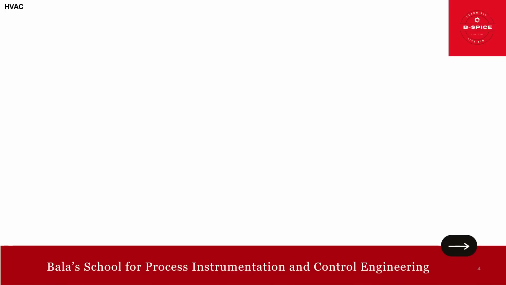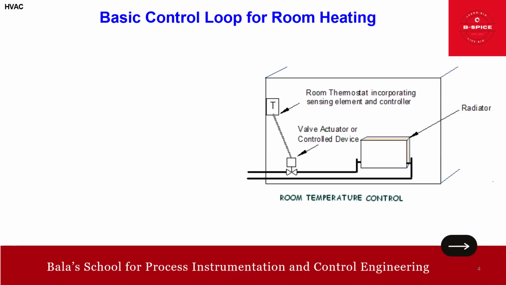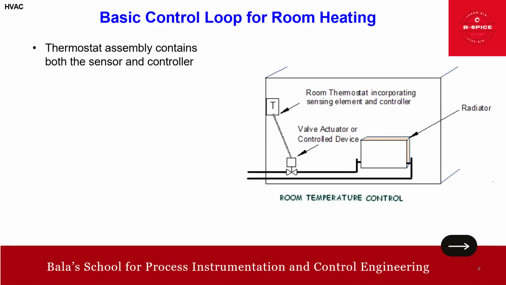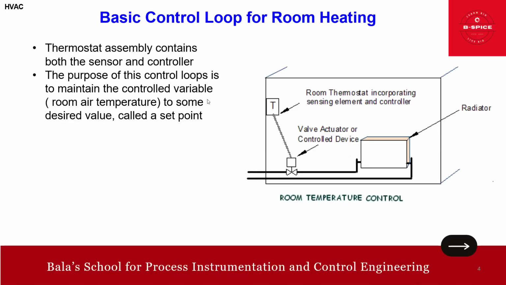Now, basic control rules for room heating. Let us discuss this with an example. The thermostat assembly contains both a sensor and controller, right? So here we are talking about the room temperature control. This is your room thermostat incorporating a sensing element and controller. And you have this actuator, wall actuator or control device. This is your radiator. The purpose of this control loop is to maintain the controlled variable, which is the room temperature of course, to some desired value called a set point.